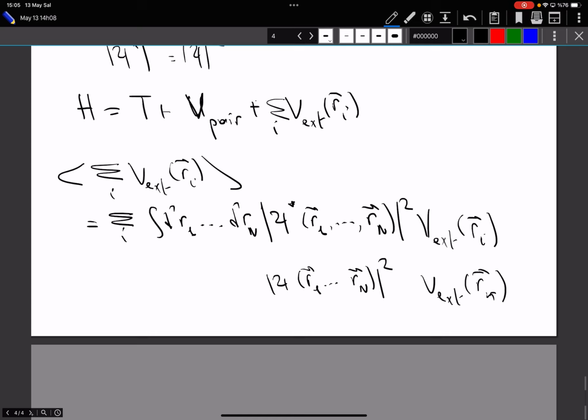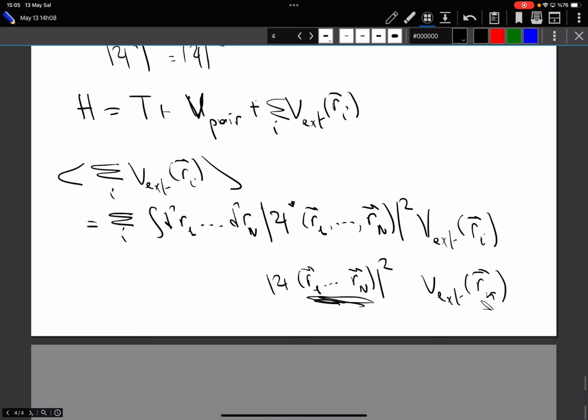Let me just change the name R5 to R. Reorder all these arguments of my wave function so that R is the first argument. All the rest, I can just rename and reorder, because the wave function is symmetric or antisymmetric.